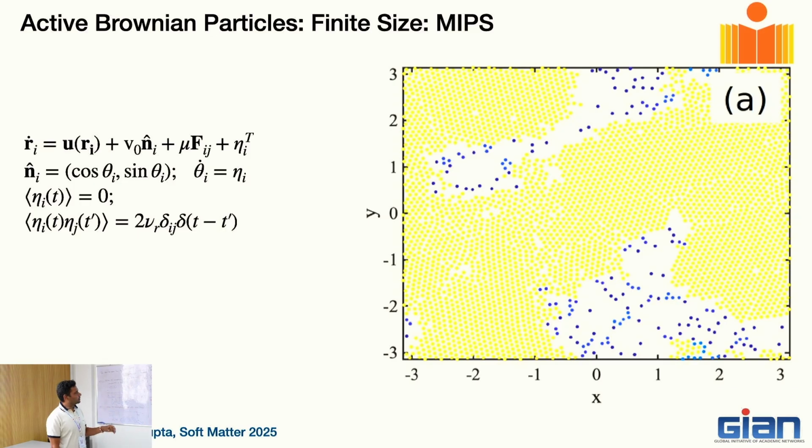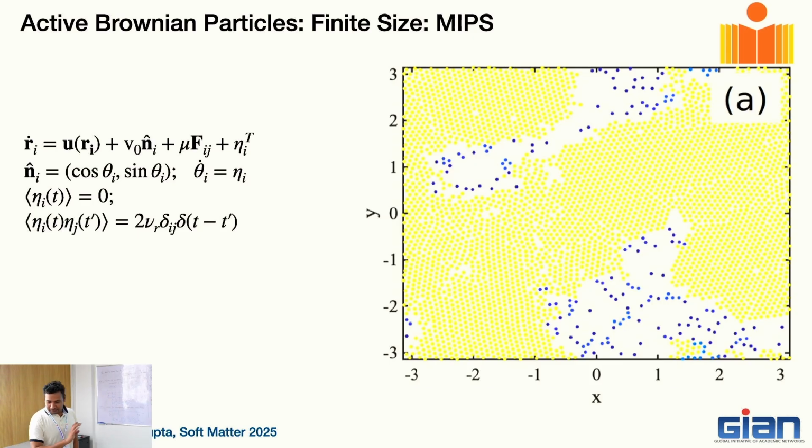The packing fraction also plays an important role. If you are very dilute, you will not be able to see these clusters. You're basically asking what MIPS is; we can discuss that, but that's what MIPS is.